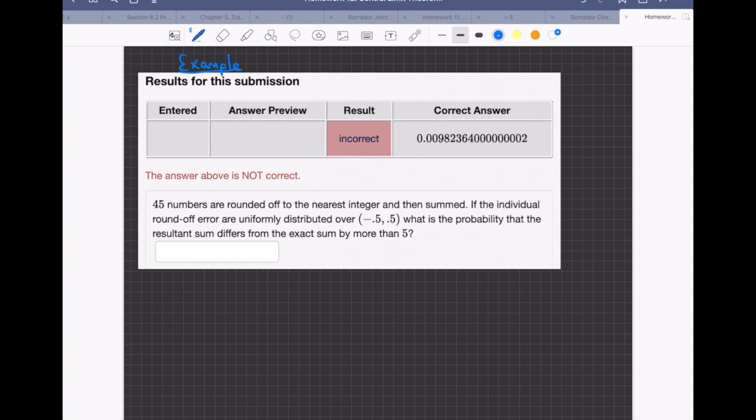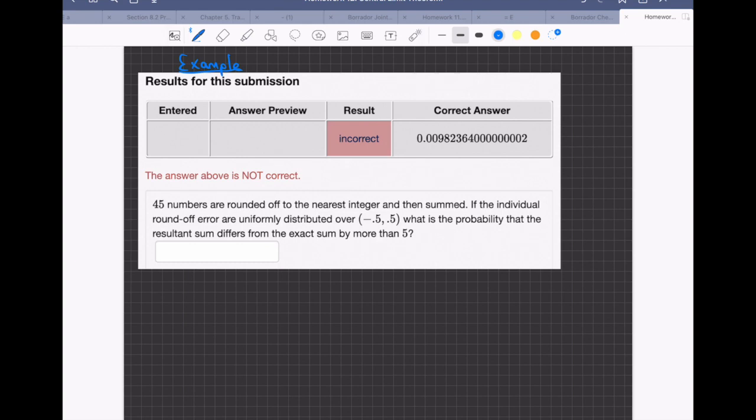If the individual round-off errors are uniformly distributed over -0.5 and 0.5, what is the probability that the resultant sum differs from the exact sum by more than 5?